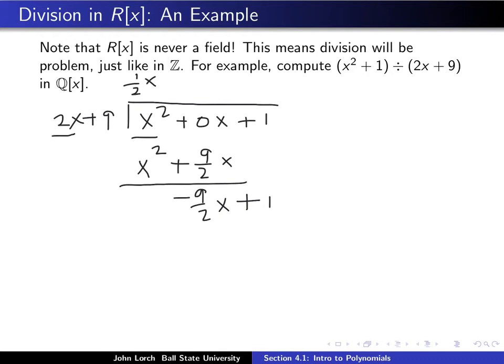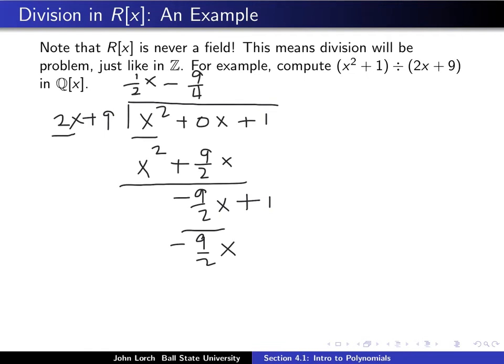And now I do the same thing all over again. I look at the leading term of my divisor, which is 2x, and I ask myself how many times it goes into this new leading term. And it turns out it goes in minus 9/4 times. Because if I take minus 9/4 times 2x, I get a minus 9/2 x.